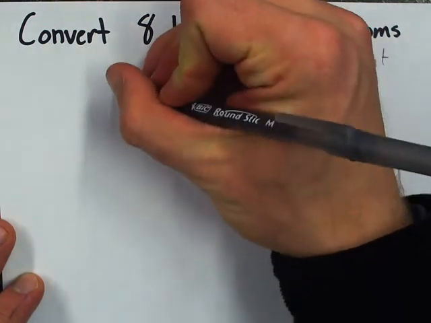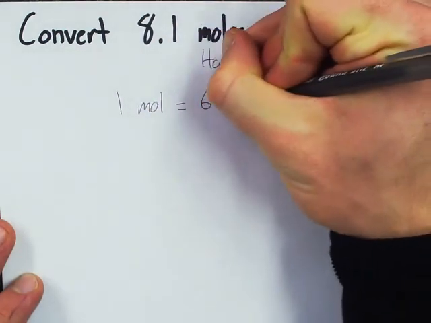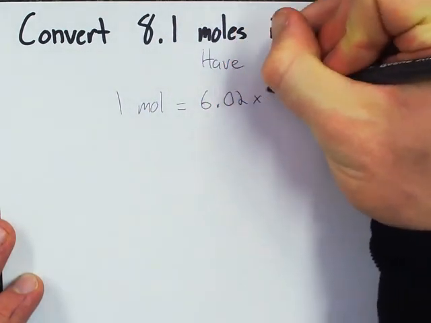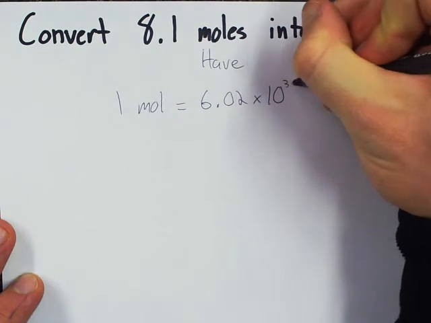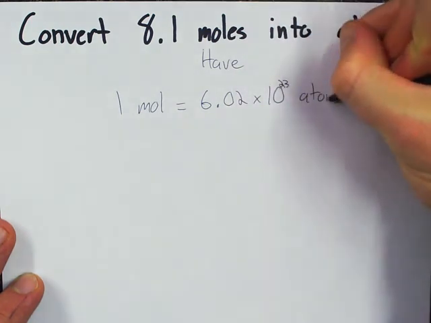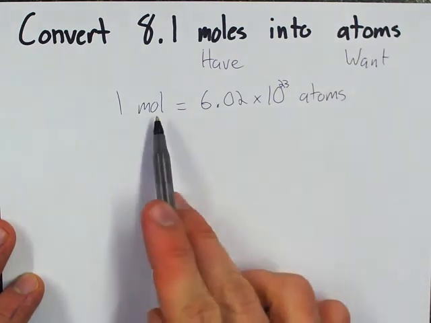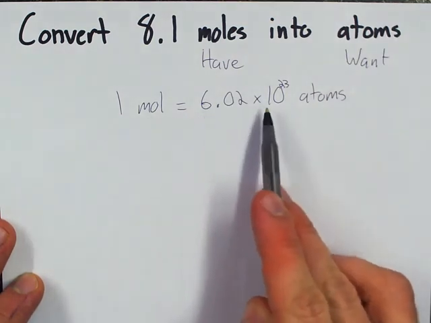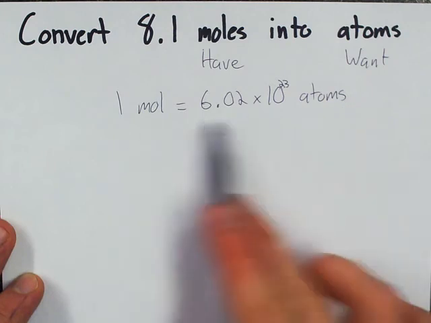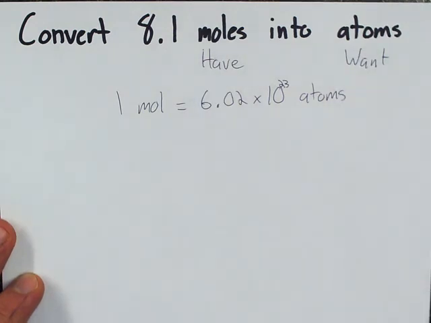We know that 1 mole is equal to 6.02 times 10 to the 23rd power of atoms. These are equal because we know 1 mole has 6.02 times 10 to the 23 atoms. We have this equality between our two units from our problem, and we're good with that step.